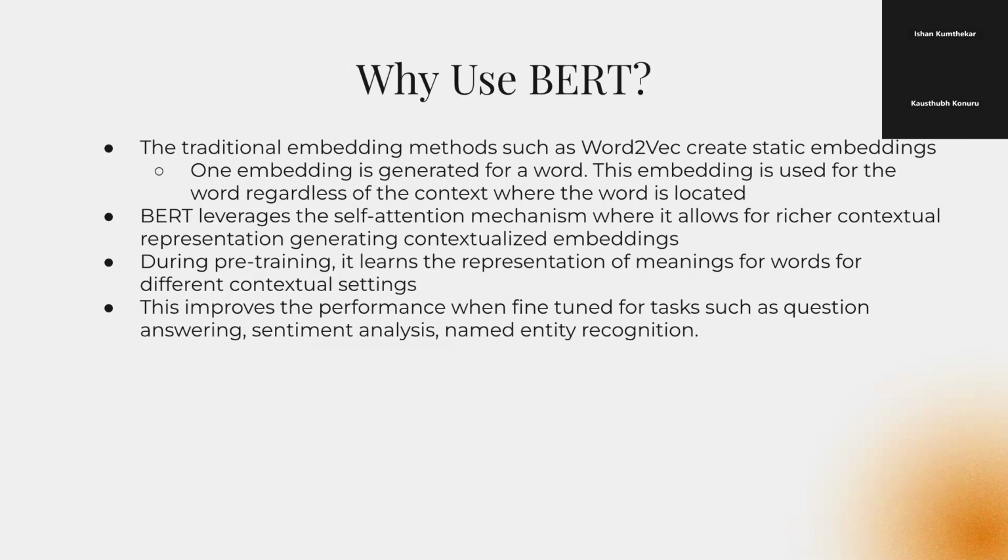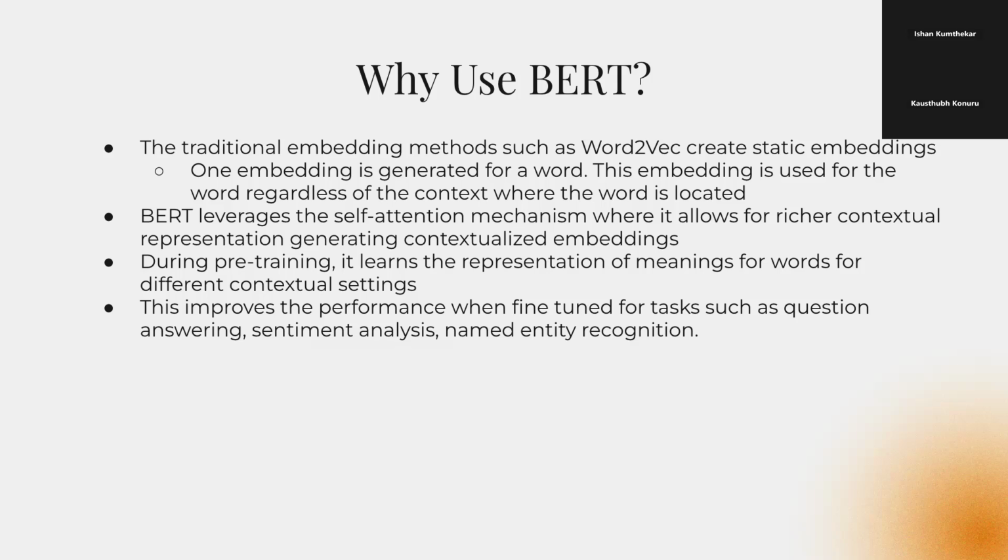But BERT can create dynamic embeddings, where the embedding of a word is not just one value. You can have multiple embeddings for one word, where the embedding changes depending on the context of the word, right? Because we know that a word's meaning can change in a different context.